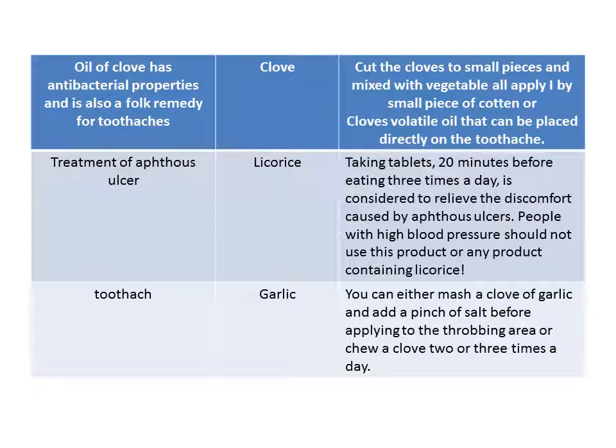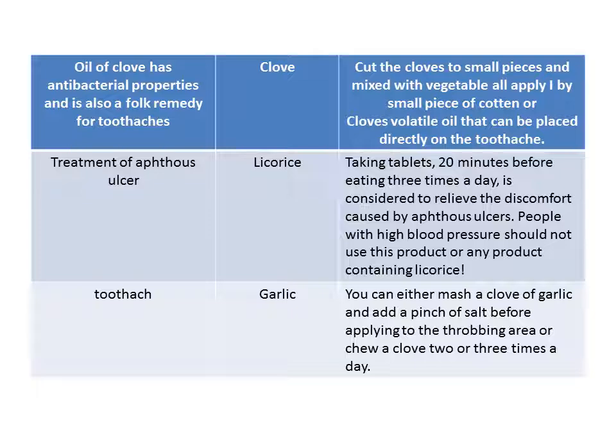If you have cloves, you can cut them in small pieces, mix them with vegetable oil, and use a small piece of cotton, or use the clove volatile oil, and put it directly on the tooth, also for the treatment of aphthous ulcers.